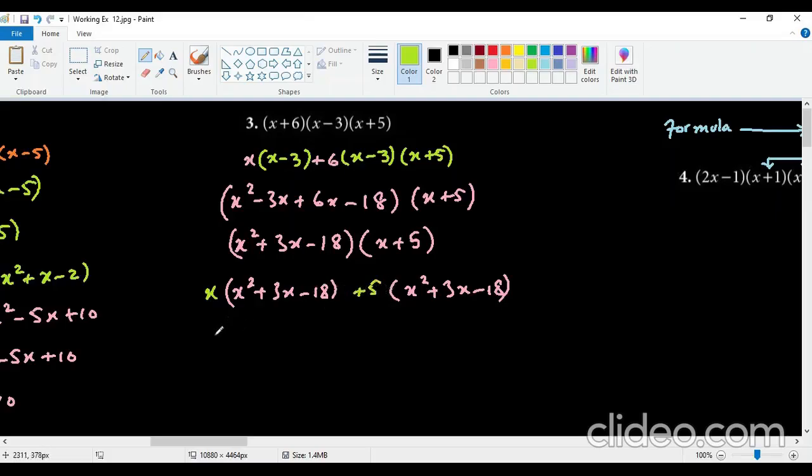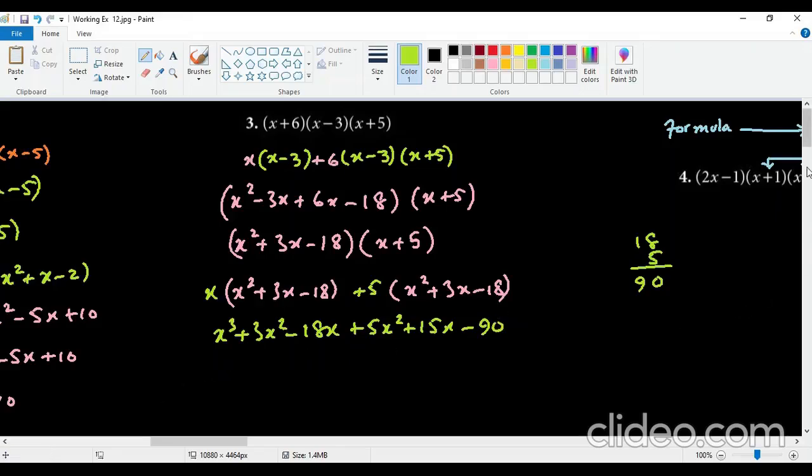So this is going to give you x cube plus 3x square minus 18x plus 5x square plus 15x and minus 5 times 18 is going to give you 90. So plus minus is a minus 90.